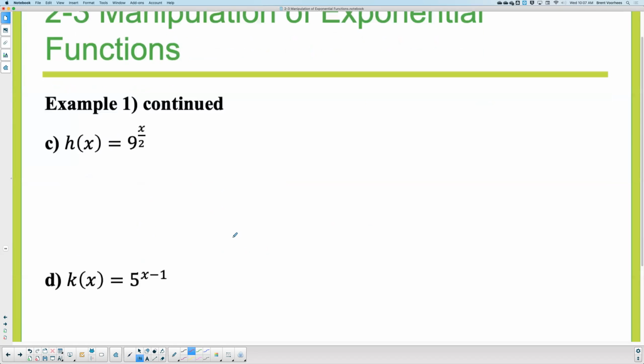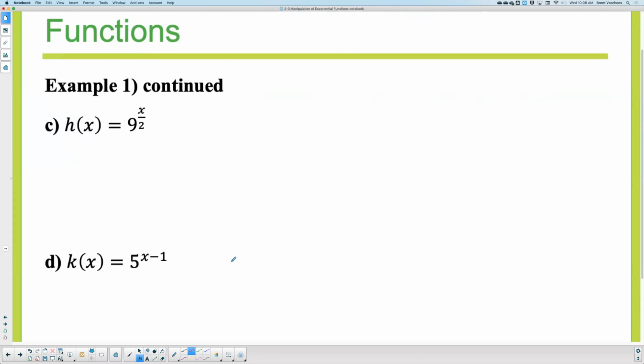Let's try another set of properties here. I have 9 raised to the power of x divided by 2. Okay, so tell me first off, what's the transformation that's occurring right now? Here, it's a horizontal dilation by... It's horizontal because it's with x. That's true, horizontal. If you add or subtract, it's a translation.